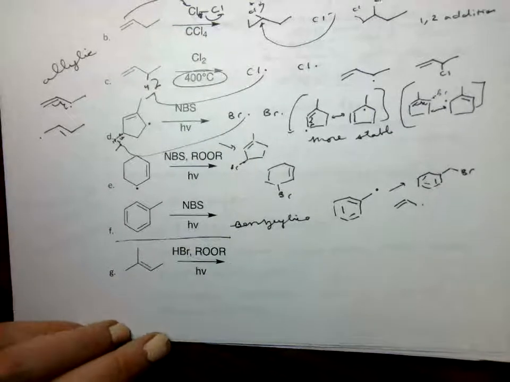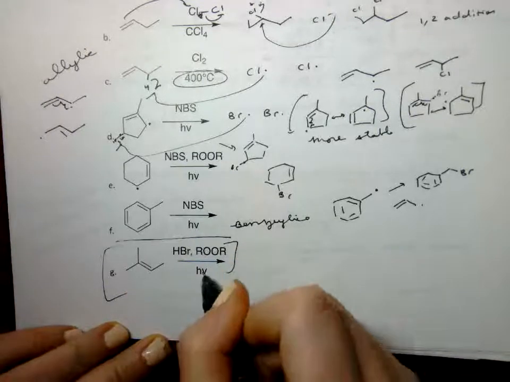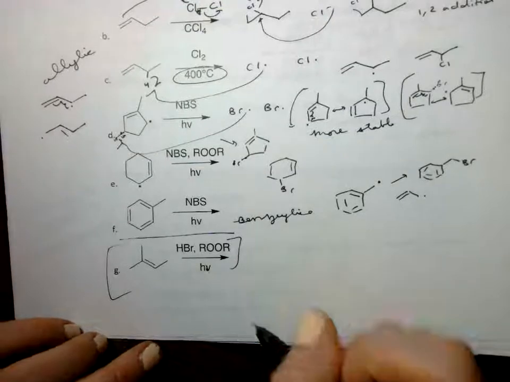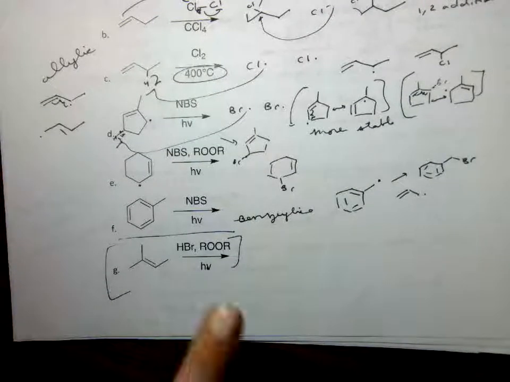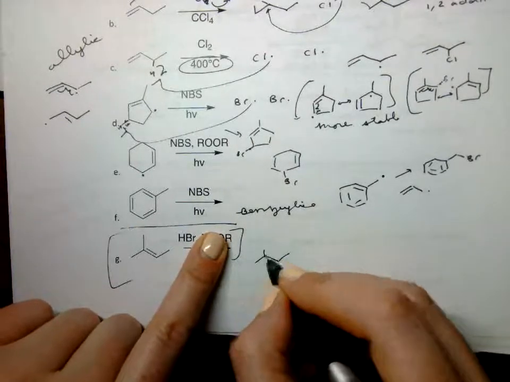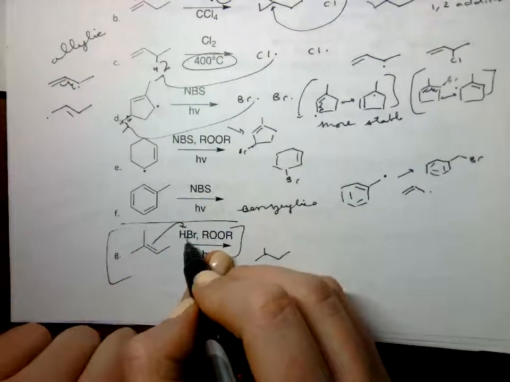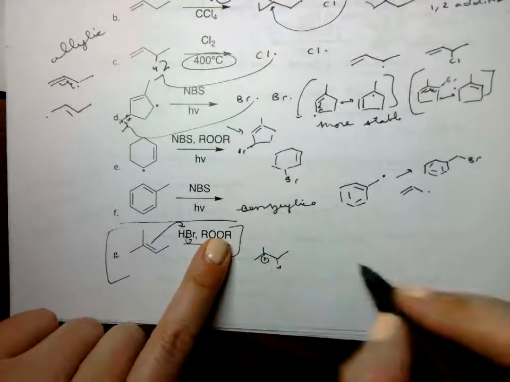Okay, and then, this next question is a little bit different. There is a peroxide with an initiator. So this is actually an addition reaction, and that's kind of confusing. It's an addition reaction that goes by a radical mechanism. So normally, if you didn't have these two and you had HBr, the first step would be this attacks the hydrogen, this bond breaks, the hydrogen is added, and the most stable carbocation is formed.